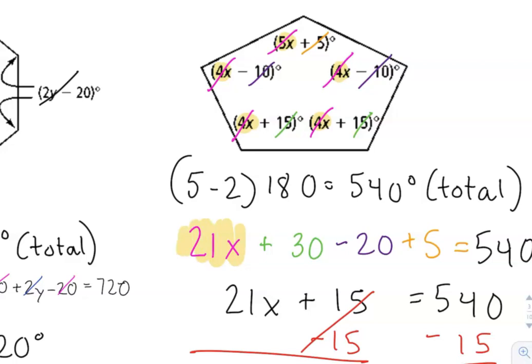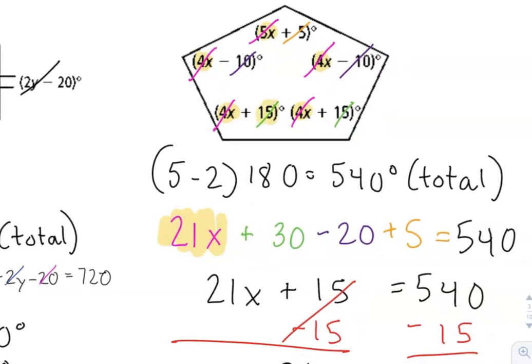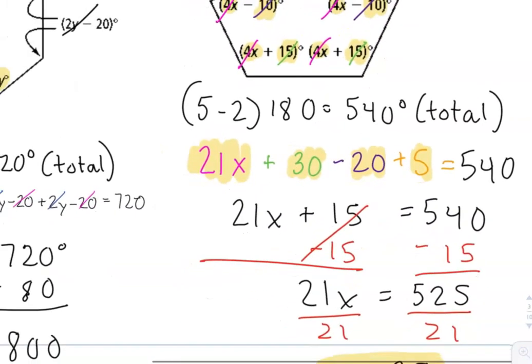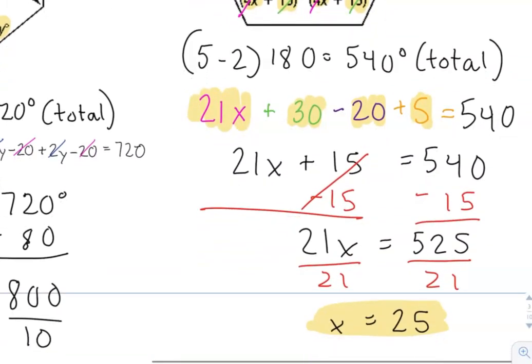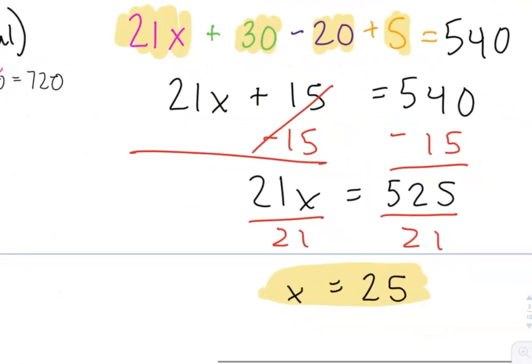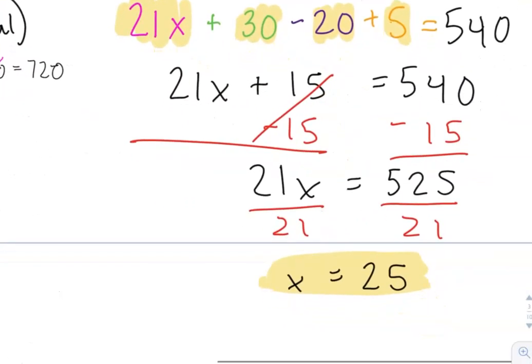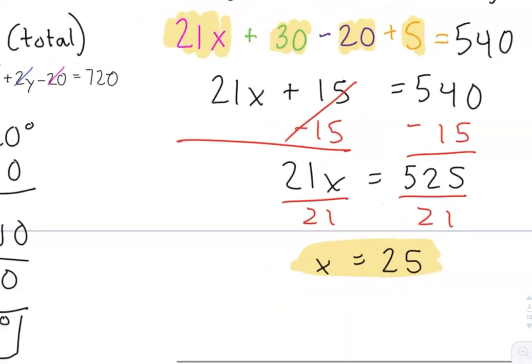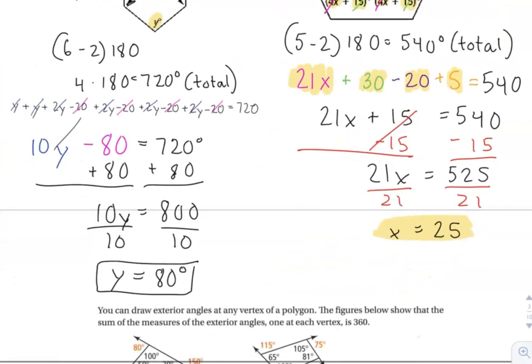Then I just broke up my others. So I saw the 15s to get 30, negative 10 is negative 20, and then I have the 5 there. Okay, so just make sure you're careful combining like terms there. When you combine the 30, negative 20, and 5, you get 15. Subtract 15 from both sides, and then divide by 21. You get x equals 25.